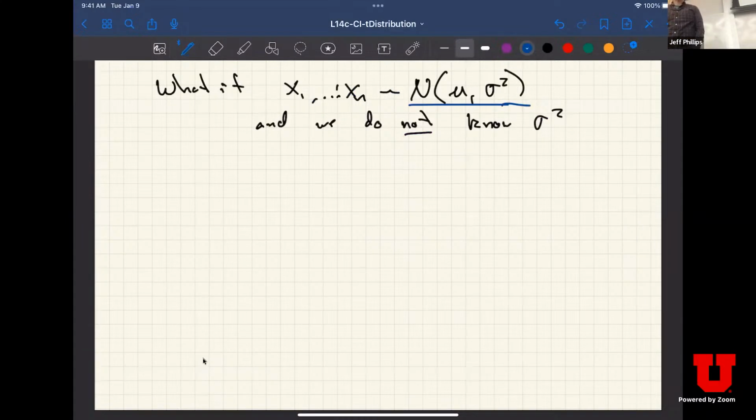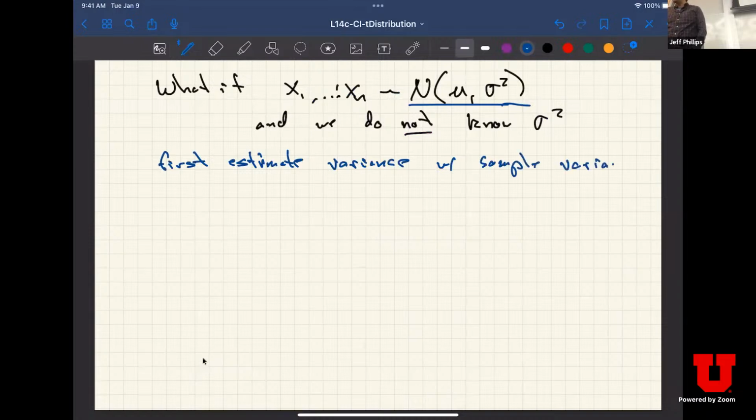Yeah, great, perfect. Instead, we want to estimate the variance first. We can estimate the variance with the sample variance, right?